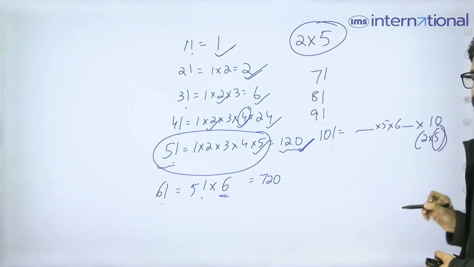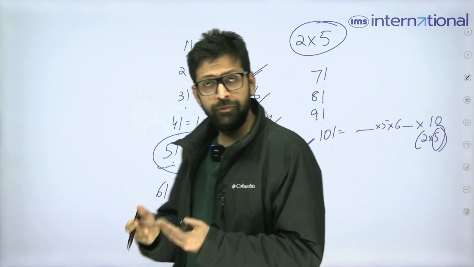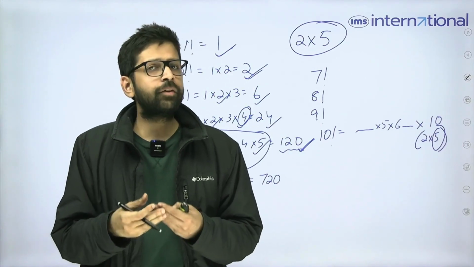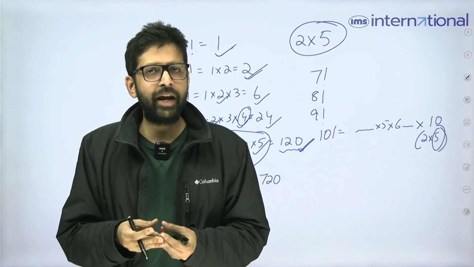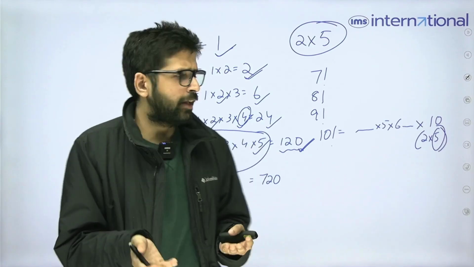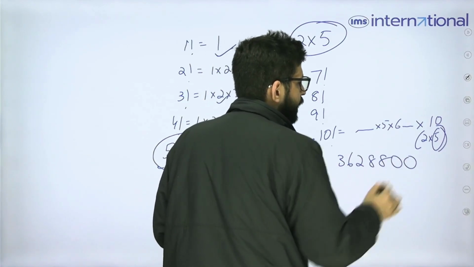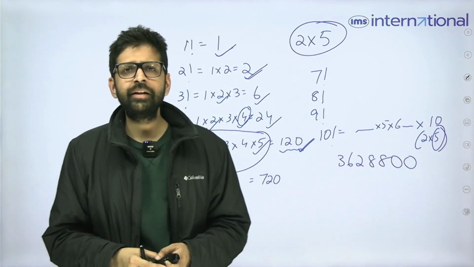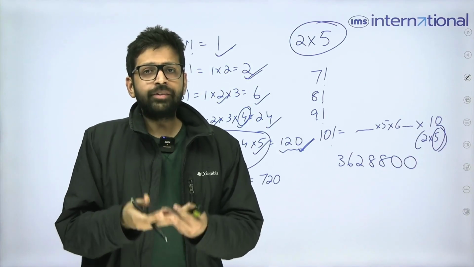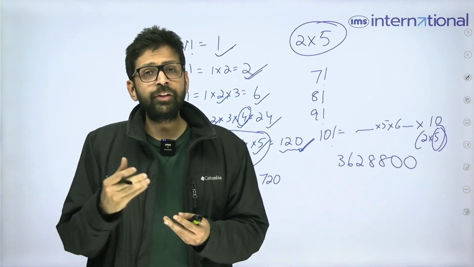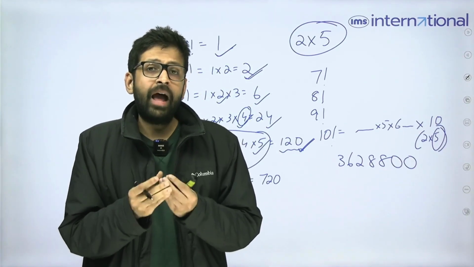And therefore this will give me another 5, therefore this will give me another 10, and therefore this will give me another 0 towards the end of 10 factorial. So the value of 10 factorial is what? 3628800, right?